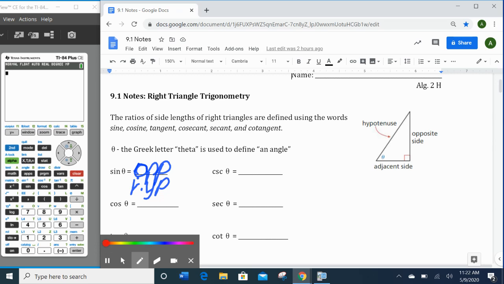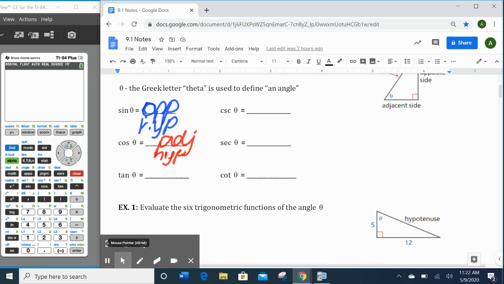The cosine of an angle is the ratio of the adjacent side to the hypotenuse. So adjacent over hypotenuse. And then the tangent of the angle is defined as the opposite over the adjacent. So if I was going to memorize something, I would memorize sine, cosine, tangent.